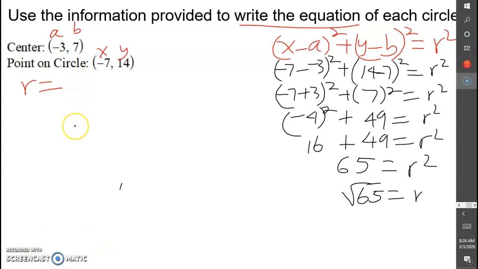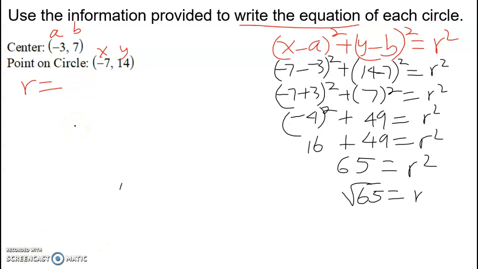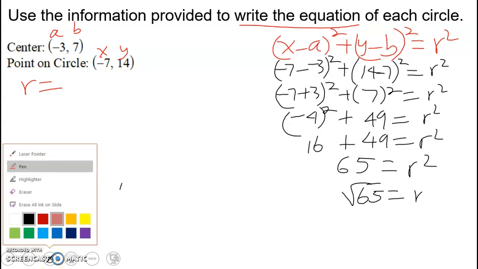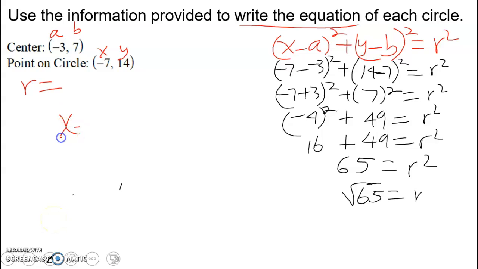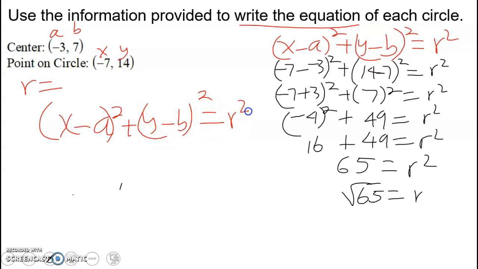To write the equation, we just need to fill in this spot here. Plus y minus b equals r squared. So now we keep x as a variable, and then we replace the a.